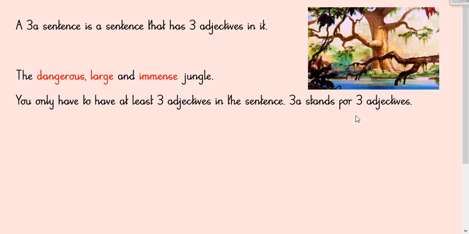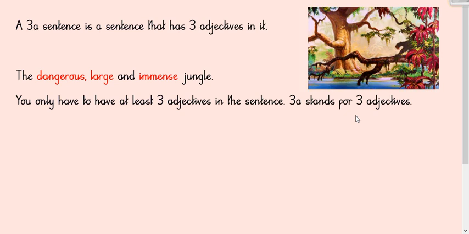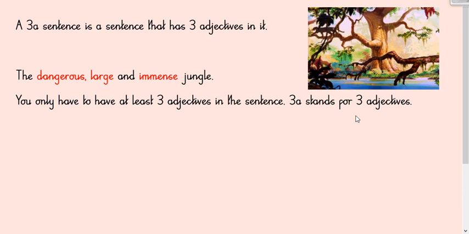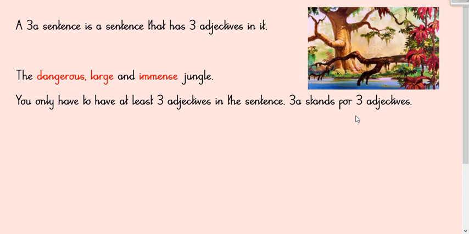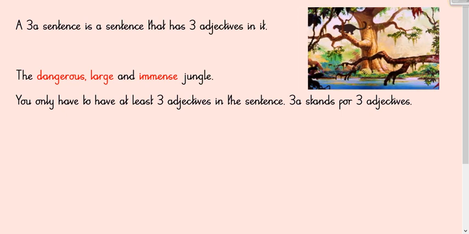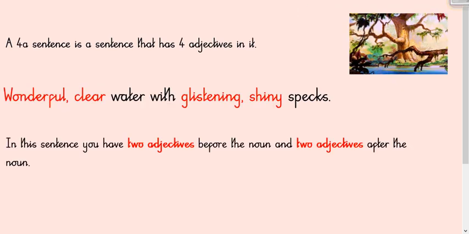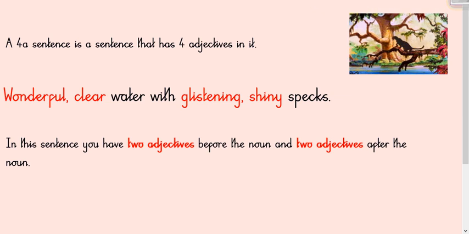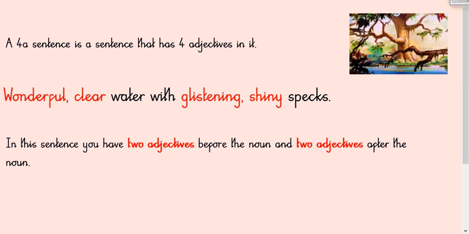So now you know what a 2A sentence stands for and a 3A sentence stands for. Could you think about what a 4A sentence might stand for? So a 4A sentence is a sentence that has 4 adjectives in it. Here's my example.